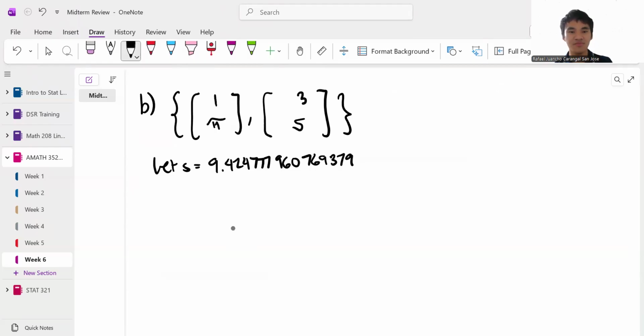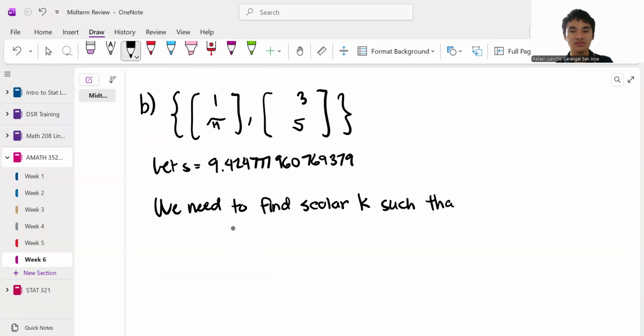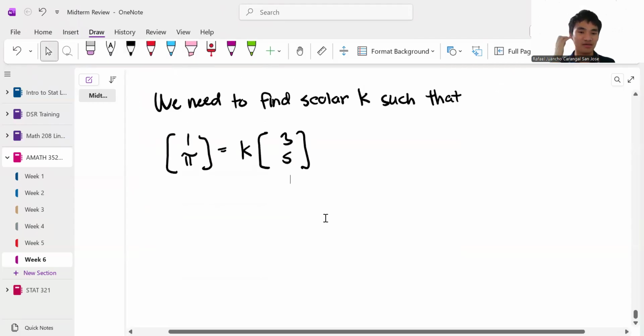So we need to find a scalar k such that this thing is equal to k of this thing.